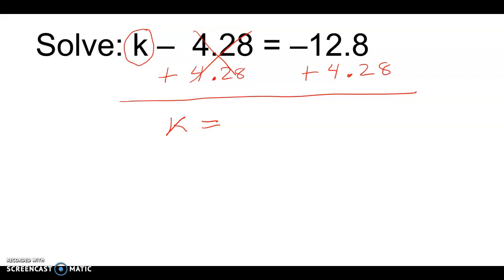Make sure you're hitting the negative, not minus. So negative 12.8 plus 4.28. So again, negative 12.8 plus 4.28, you should end up with negative 8.52. Again, I recommend you try these out on the calculator, because if you can't type it in and get this answer, you're doing something wrong.